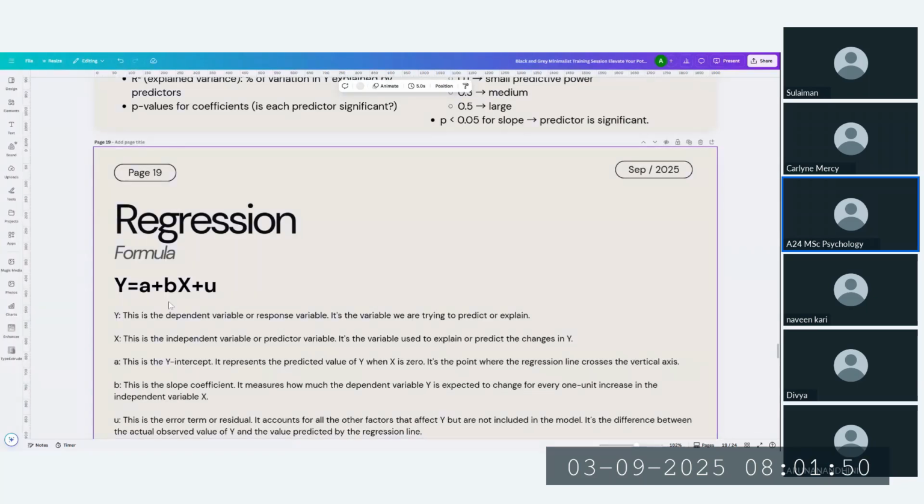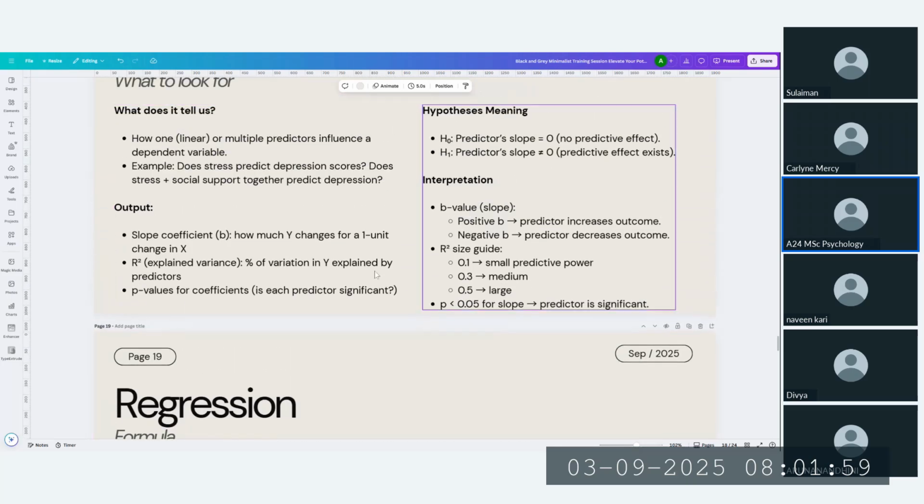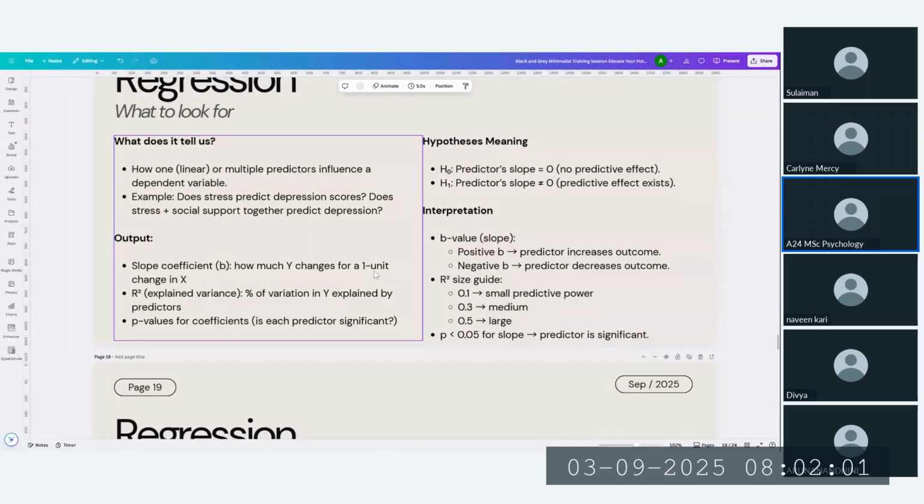Now bx could be b1x, b2x, b3x, depending on the number of factors, right? But what you're going to look at is the slope coefficient called b: how much the dependent variable, for example the depression score, changes if the stress level changes by 1 unit. So if stress level goes from 2 to 3, how much does the depression score change?